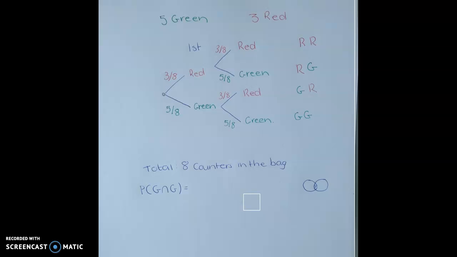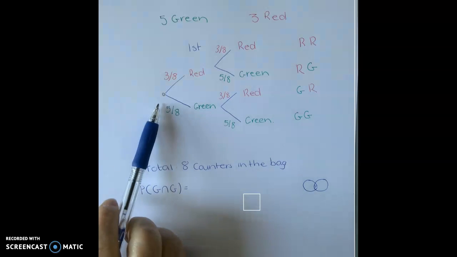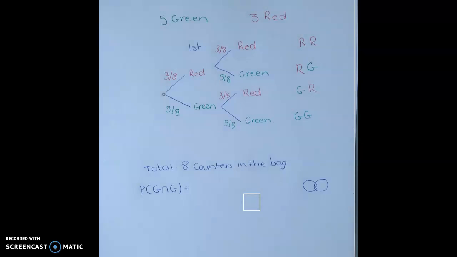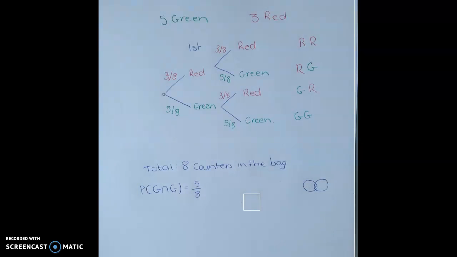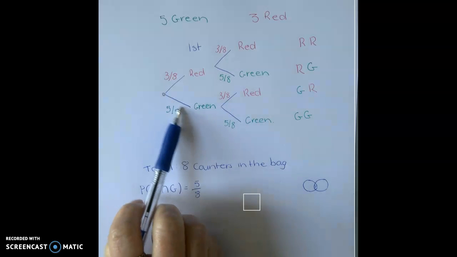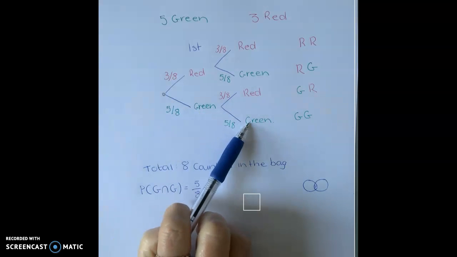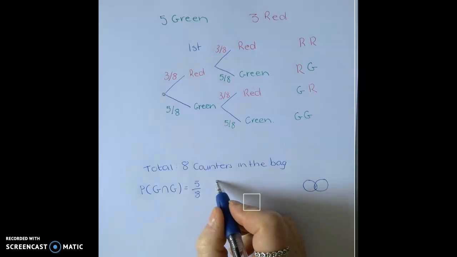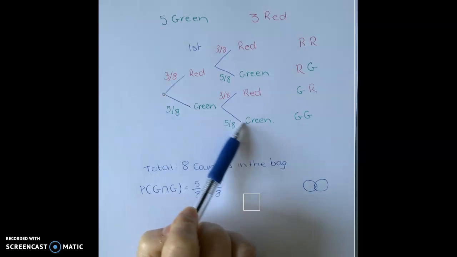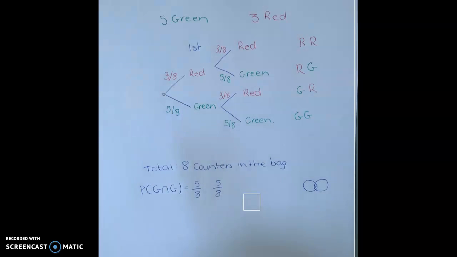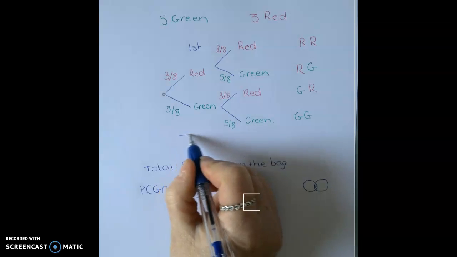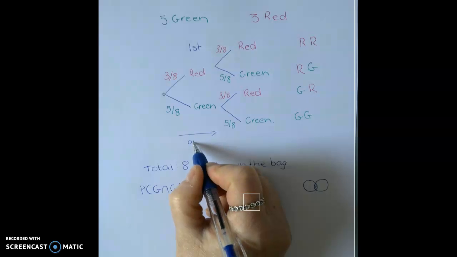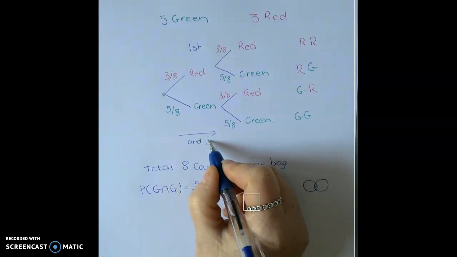So how we would work this out with our tree diagram, we know the probability of picking out a green counter, the first counter being green, is 5/8. And by following along the branches to pick out the second green counter is also 5/8. And when we're doing probabilities and we're working them out along the branches, so we're doing and along the branches, we multiply.